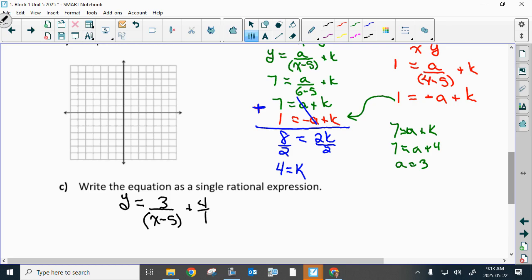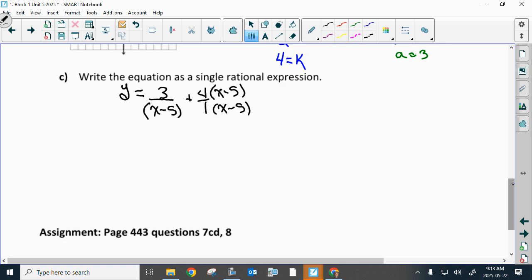I like it better when it's polynomial over polynomial. So right away, I'm going to write this as a single fraction so I can see my polynomial over polynomial so I can get all my critical features. So you're finding a common denominator, and on the top I've got 3 plus 4x minus 20, and I put my like terms together.